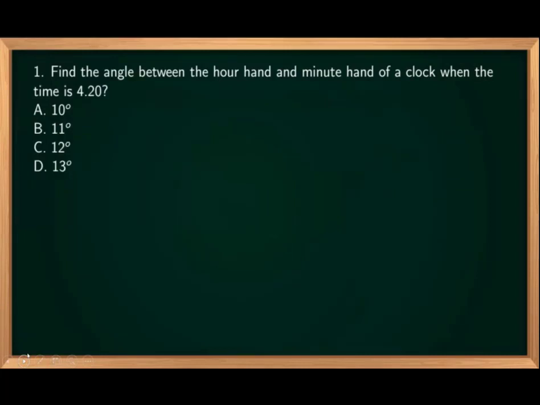First question: find the angle between the hour hand and minute hand of a clock when the time is 4:20. Yes, 10. Answer is 10.